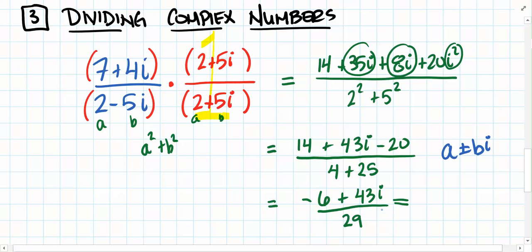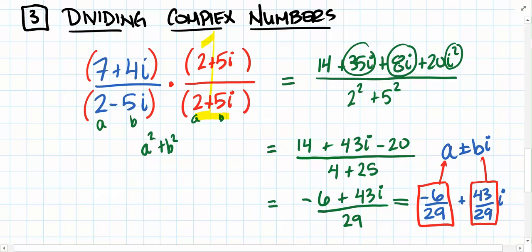So what we want to do is break up this fraction and say this is negative 6 over 29 plus 43 over 29i. The reason that we do this is because this part represents the a and this part represents the b. Sweet.